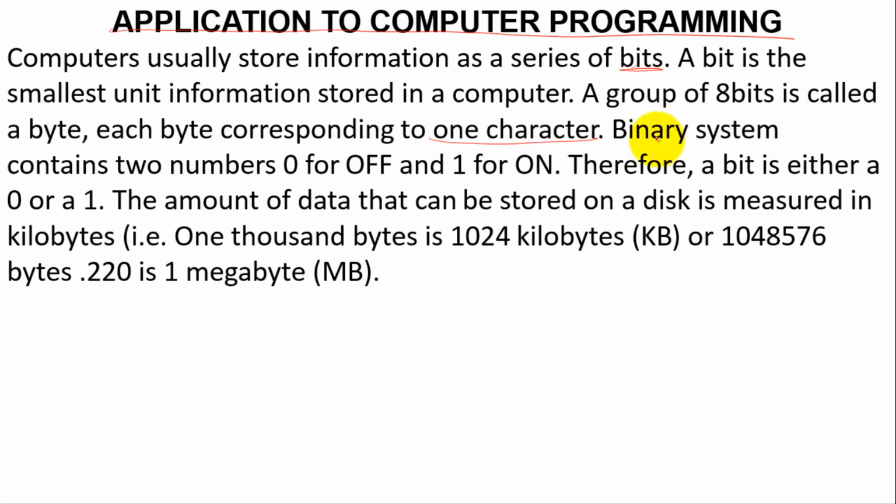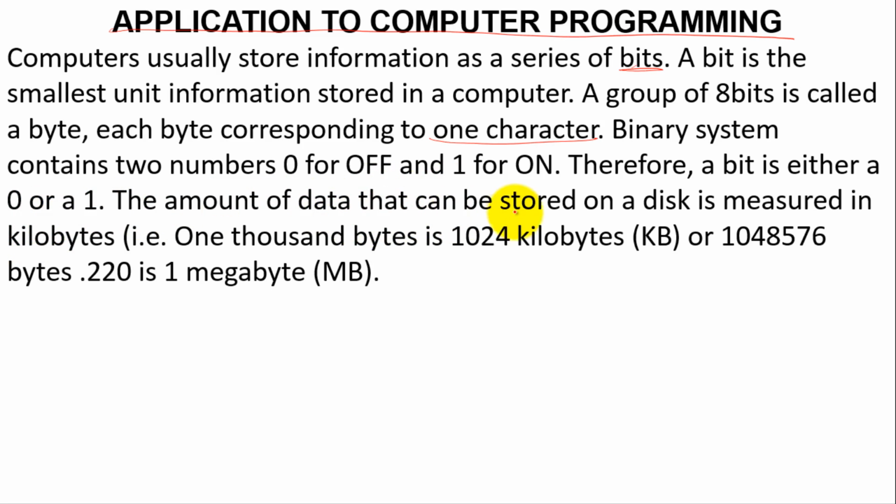The binary system consists of 2 numbers, 0 for off and 1 for on. Talking about a digital system, it uses 0 for off and 1 for on. Therefore, a bit is either a 0 or 1.